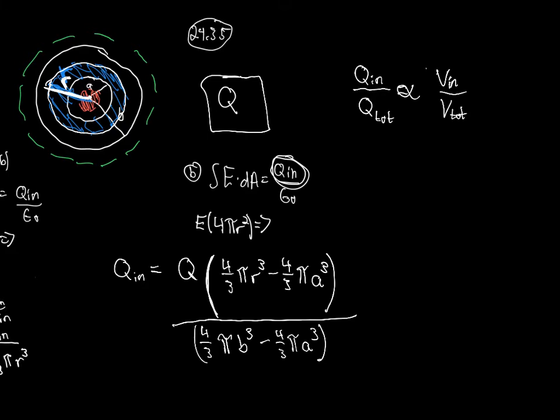Does this help anybody? Q in over the total charge is the same ratio as the volume inside divided by the total volume. So then I solve this equation for Q in. Q in equals Q total times the volume inside divided by the total volume. So it's using ratios. And because the charge Q, they tell us, is evenly spread out, we can use this ratio.